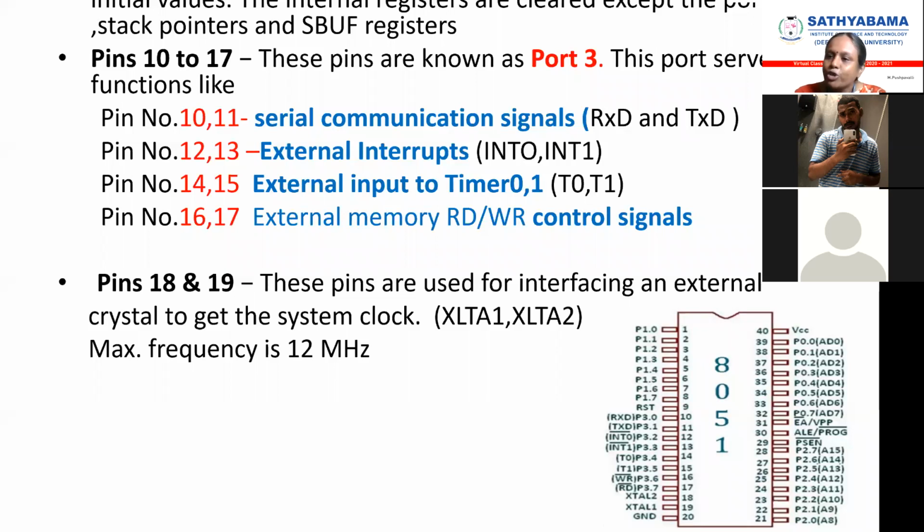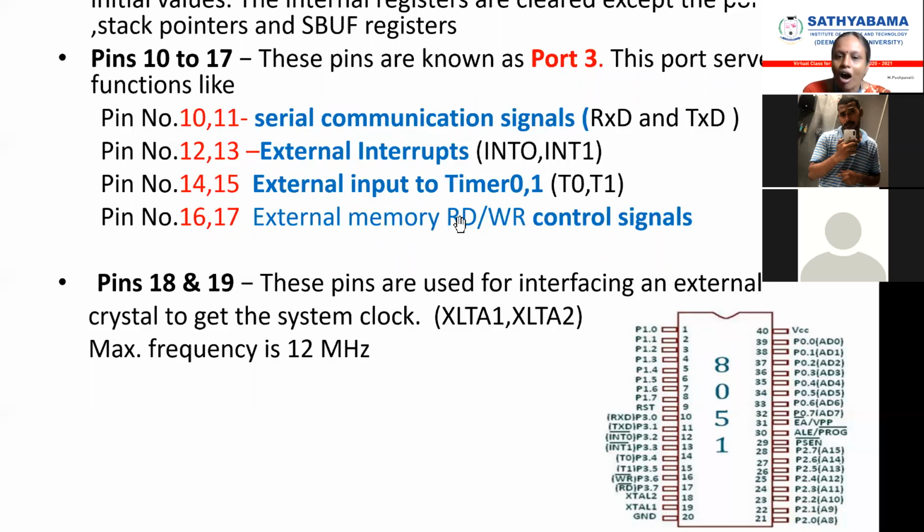When you see the counter, like my 60, 59, 58, it is counting the time. That is the counter. Once it counts the happening, that is counter operation. Once it creates the time delay, that is timer operation. So it serves both purposes, timer or counter operation.